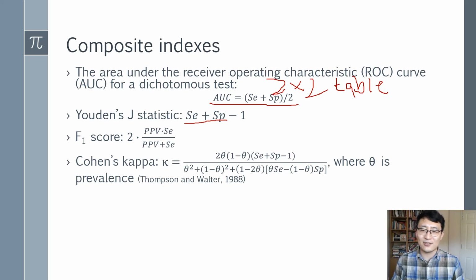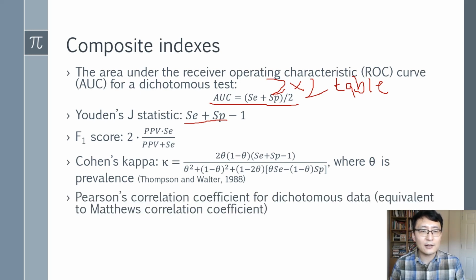But to demonstrate that Cohen's kappa is also a function of sensitivity, specificity, and prevalence in the 2x2 table, I'm also presenting this formula here. So that's the point: Cohen's kappa, just like AUC, the J statistic, and the F1 score, is also a function of sensitivity, specificity, and sometimes prevalence. This is a composite, taking a balance between all the metrics.